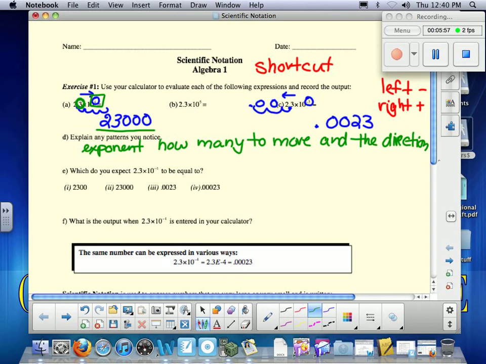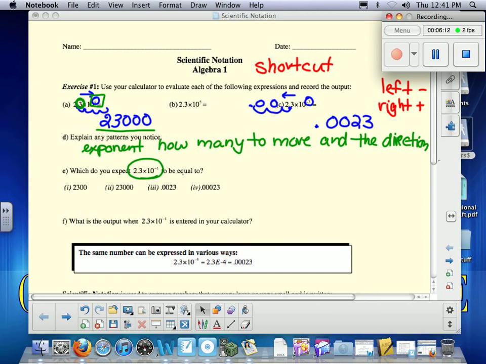Letter E, what do you expect 2.3 times 10 to the negative 4th is going to be equal to? Go ahead, try it on your calculator. There's a negative sign there. So in letter E, we have a problem when we go to our calculator. It doesn't give us anything different than what we see on this paper.